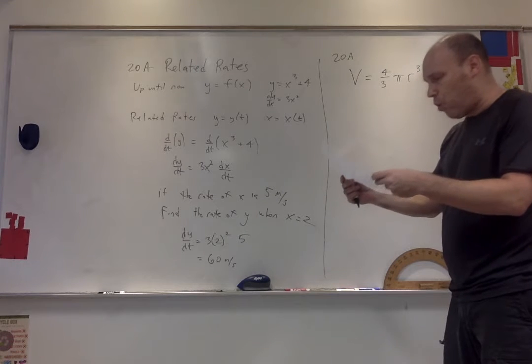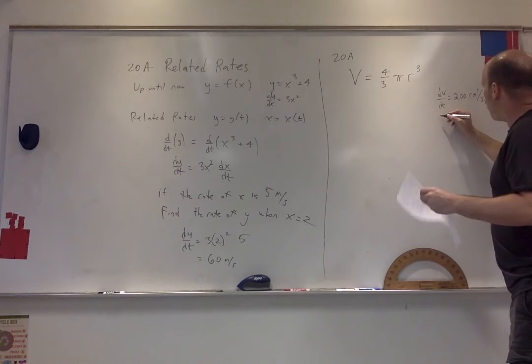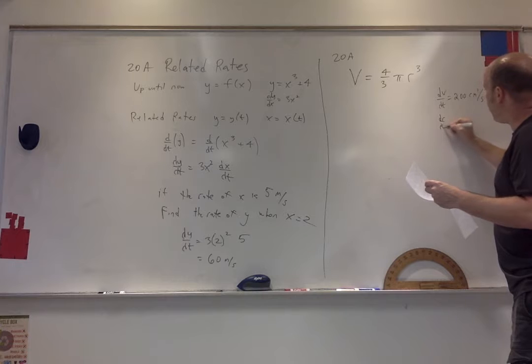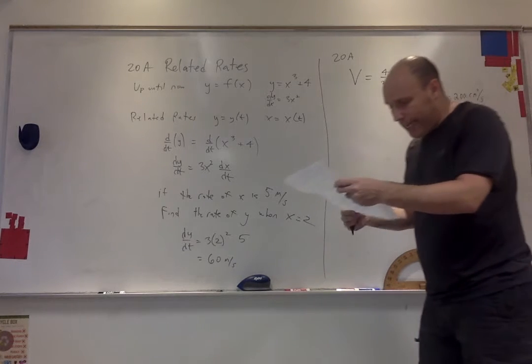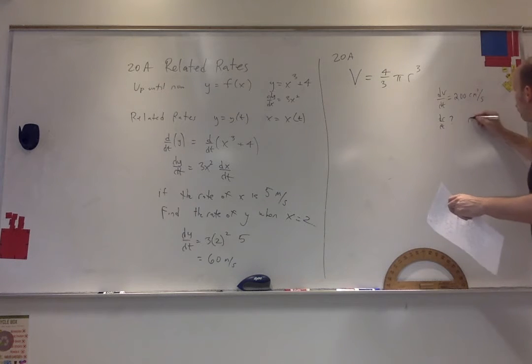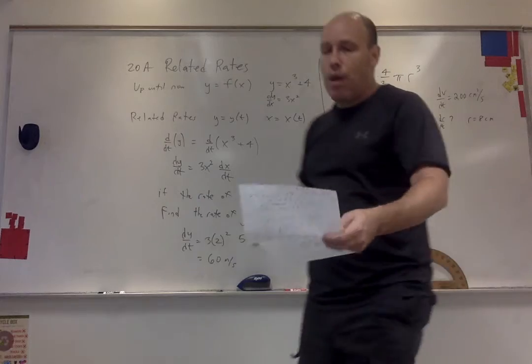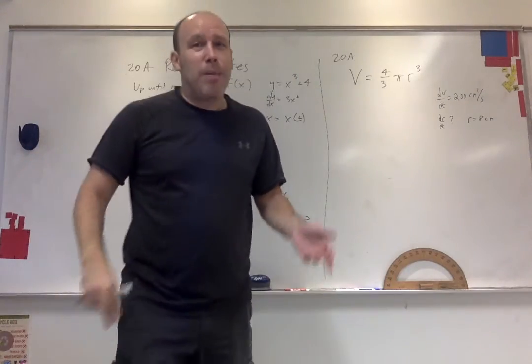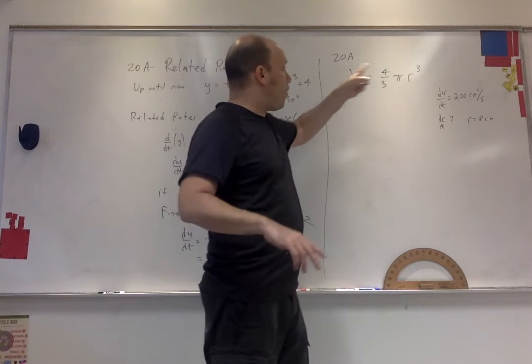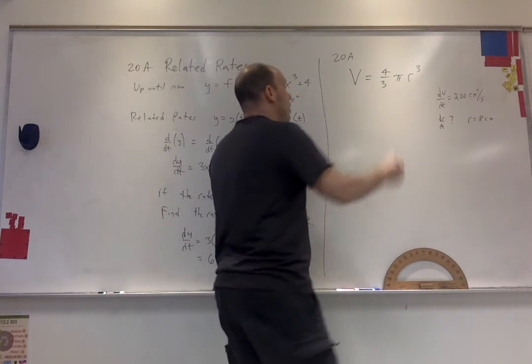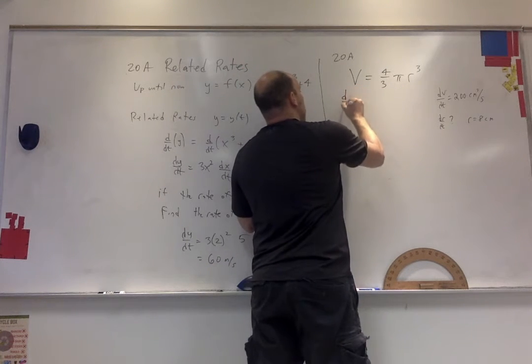What else are we told? We want to find dr/dt. That's unknown, and we're told specifically when the radius is 8 centimeters. Okay, so like the implicit differentiation, we're going to take the derivative of both sides with respect to time. So we have dV.